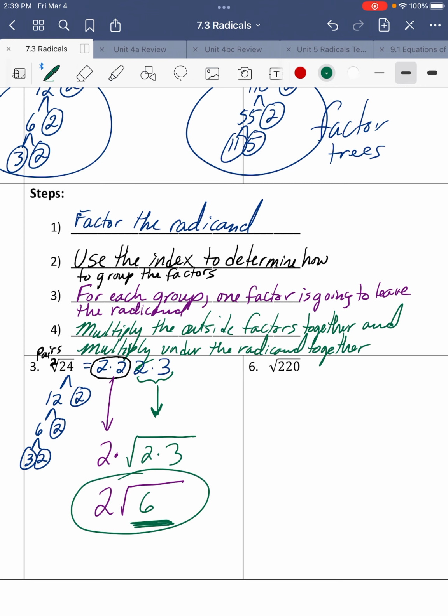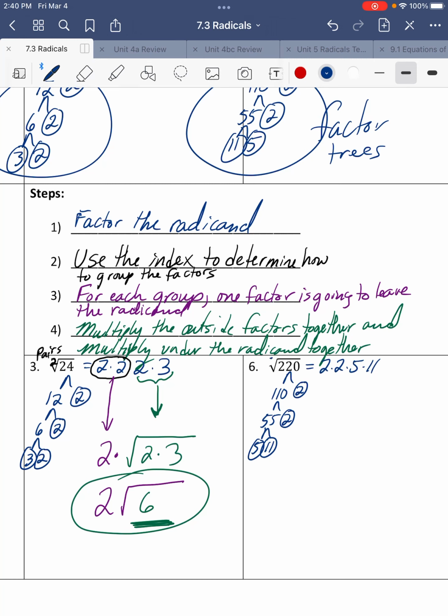220, break that down. Square root of 220, we have 110 and 2. 110 is 55 and 2. 5 and 11. Those are your prime numbers. Prime numbers just mean the only things you can multiply to get to that number are 1 and itself. So we have 2, 2, 5, and 11.